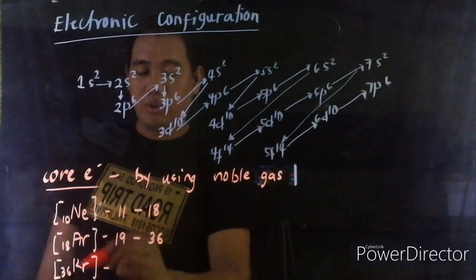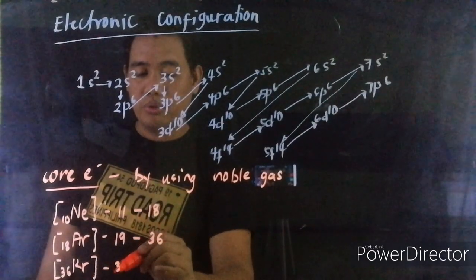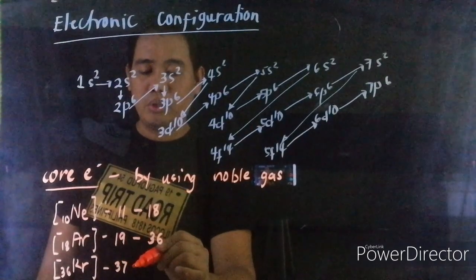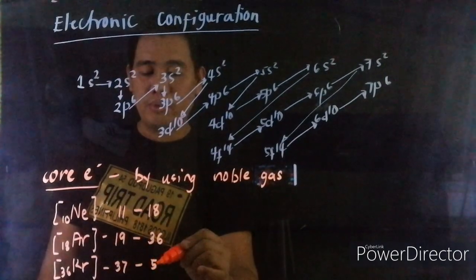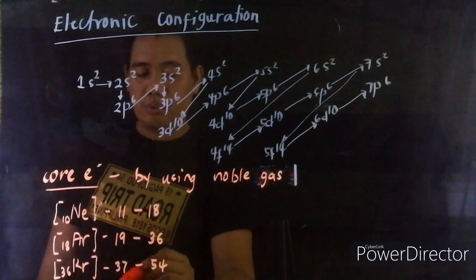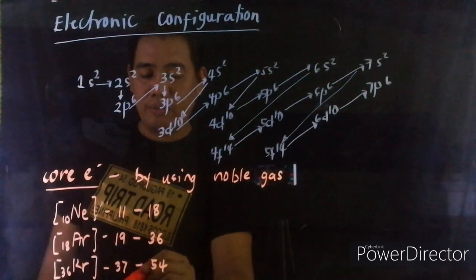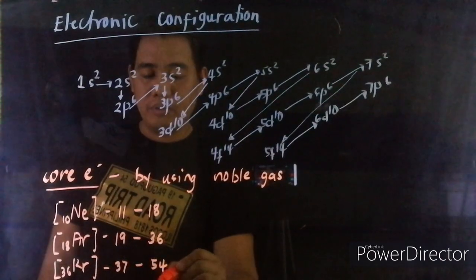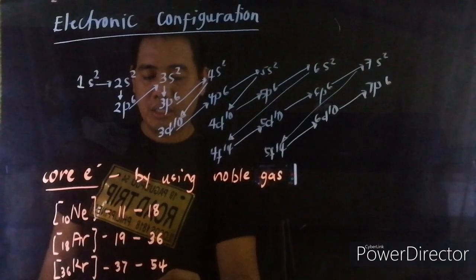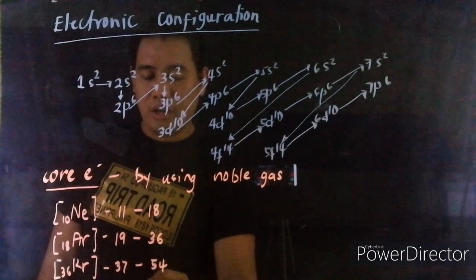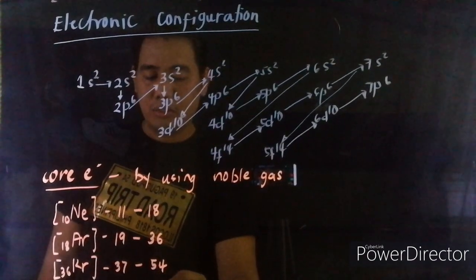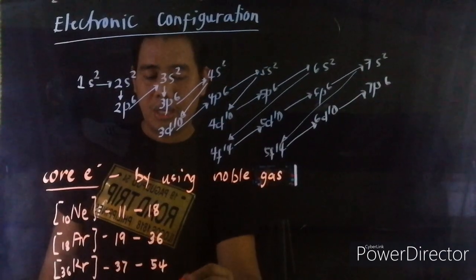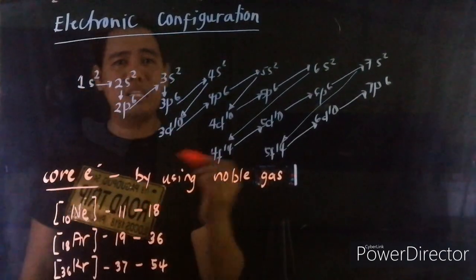Then for krypton, we can only use that one for atomic number 37 to 54. Then for xenon, we have 55 to 86. Then we have radon, 87 to 118.